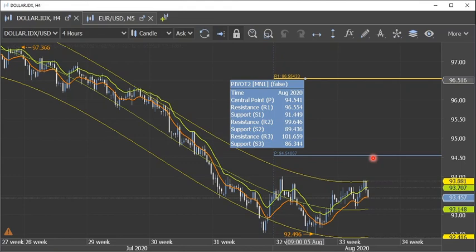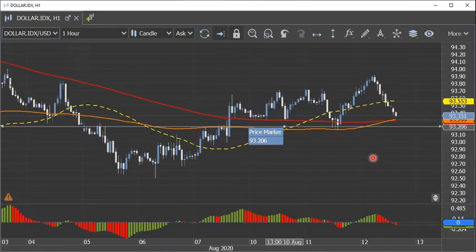And shorting, I don't really see much good risk reward ratio, and because of this oversold situation on the longer time frame chart, I would say it's better to sit on the sidelines than take fresh short selling opportunities here.